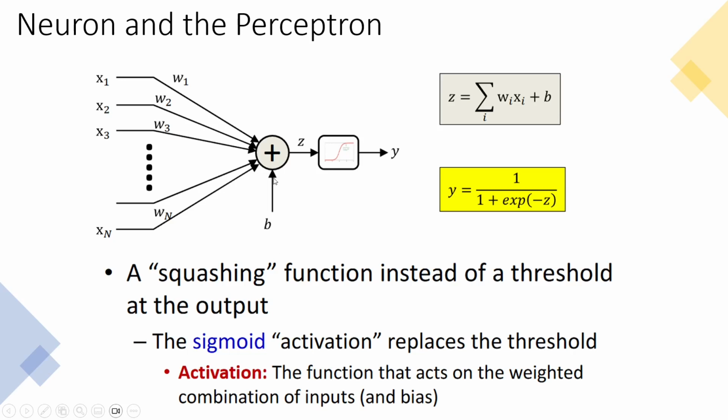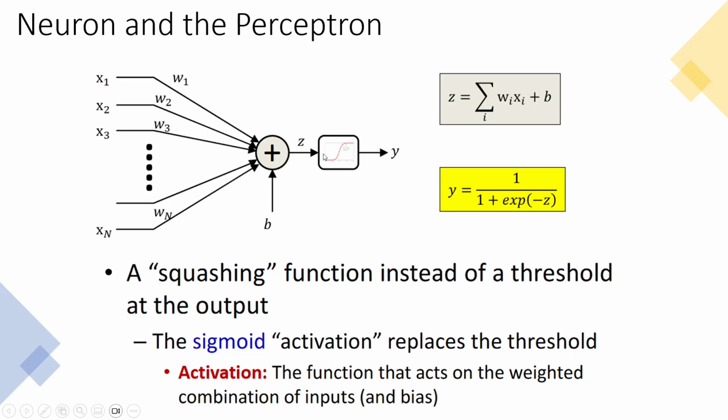For now, just try to remember the formula we previously used will be converted to this. Instead of just wi times xi, we will have wi times xi plus b. We will have all these inputs multiplied by the weights, and we will add b.